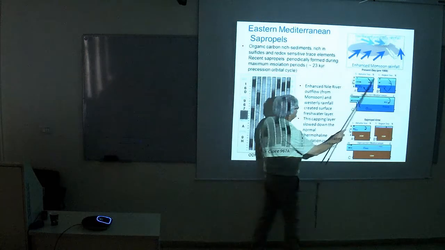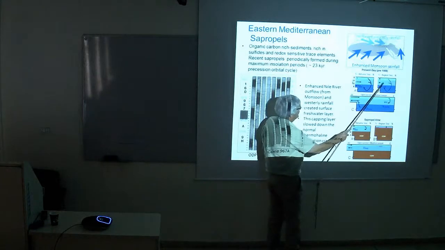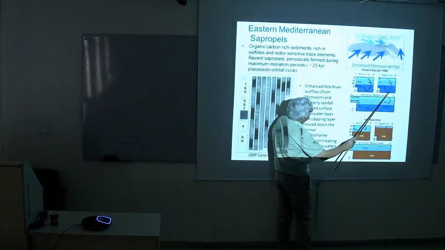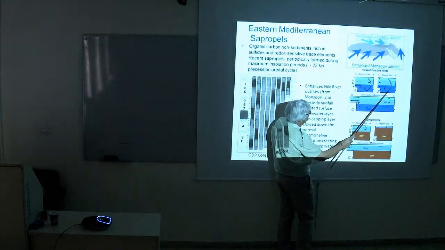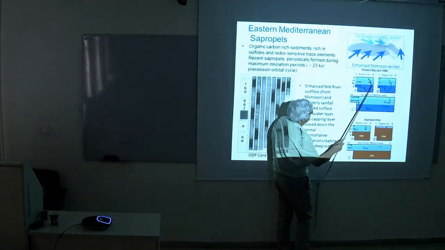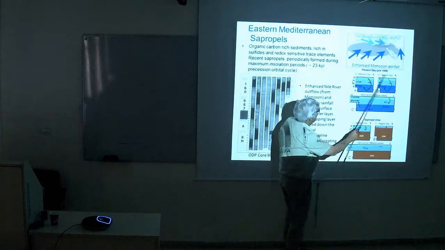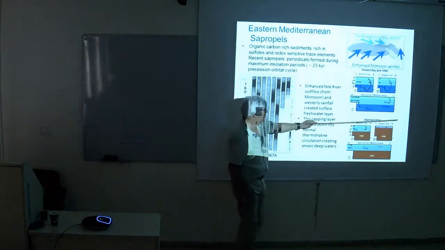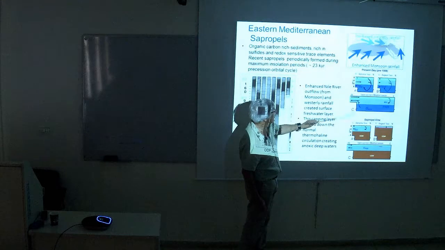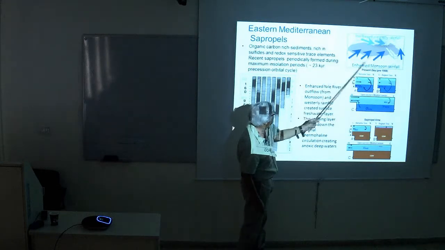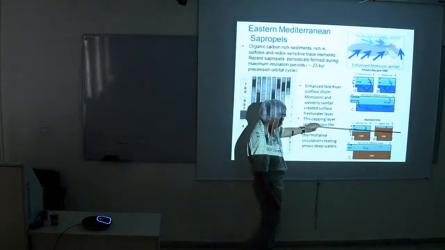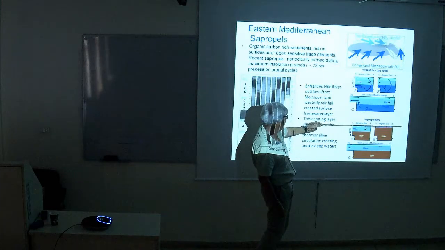In the normal eastern parts of the Mediterranean Sea, the very saline waters that form at the surface through evaporation draw down, taking oxygen with them, and create what is known as thermohaline circulation. That's the normal state. But in sapropel time, the massive input of fresh water from the Nile River, ephemeral rivers in North Africa, and the increased rain on the sea creates a surface layer of fresh water.